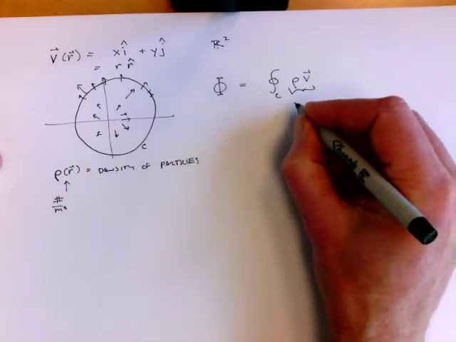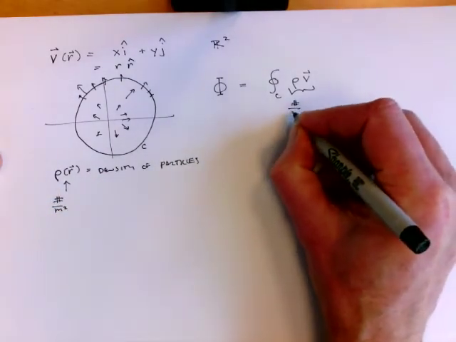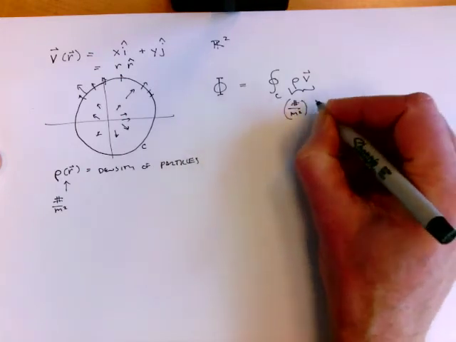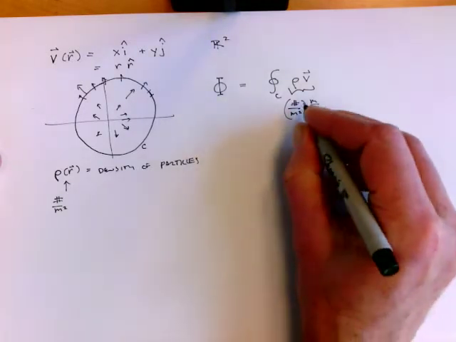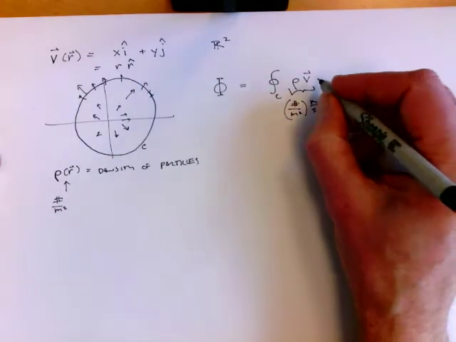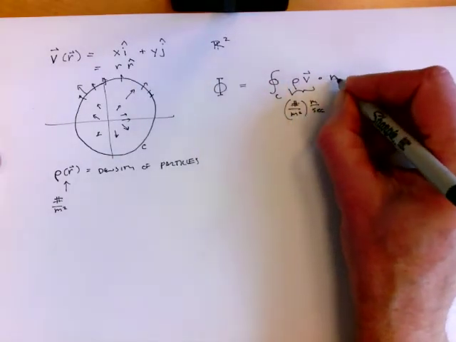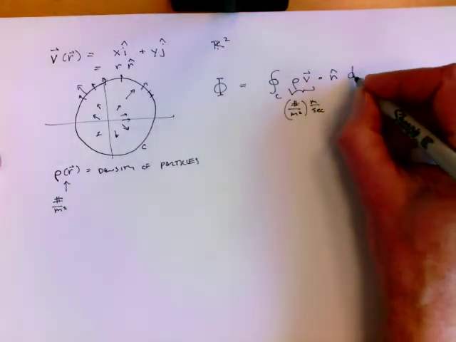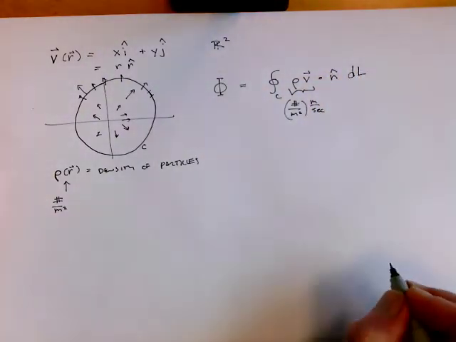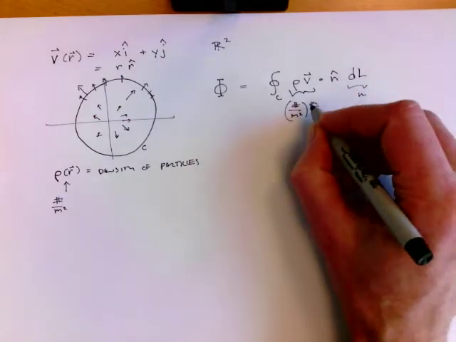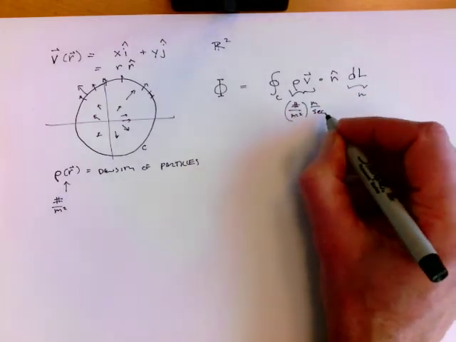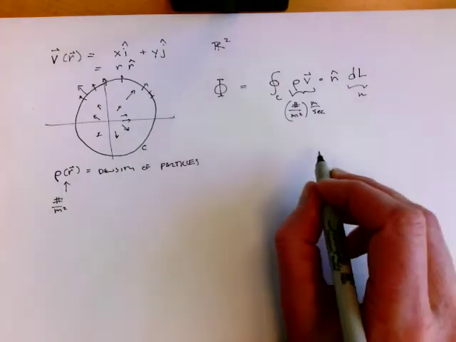So this is going to have units of number per meter squared times velocity, which has units of meters per second. So right now it's numbers per meter per second, dot n hat times dl. If I look at the units here, dl is going to have units of meters, meter squared cancels with meter squared, number per second. It makes physical sense, right?